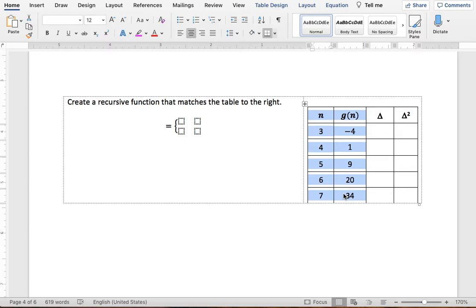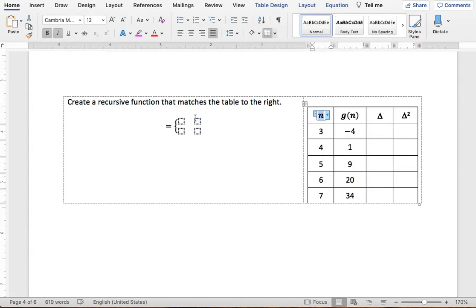When you're ready, hit play to see if it matches the correct answer. So pause now. All right. So feel free to skip to the very end if you want to know the final answer.